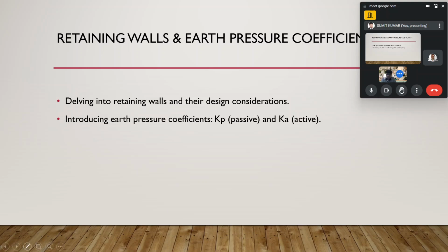Now you might have confusion about the active and passive terms, though you might have heard them. The active earth pressure coefficient is represented as Ka, and this value is 1 minus sine phi by 1 plus sine phi.